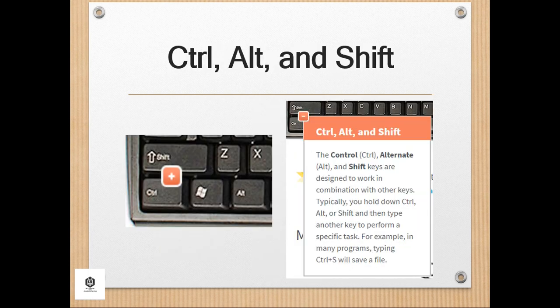Ctrl, Alt, and Shift. The Ctrl, Alternate, and Shift keys are designed to work in combination with other keys. Typically, you hold down Ctrl, Alt, or Shift, and then type another key to perform a specific task. For example, in many programs, typing Ctrl plus S will save a file.